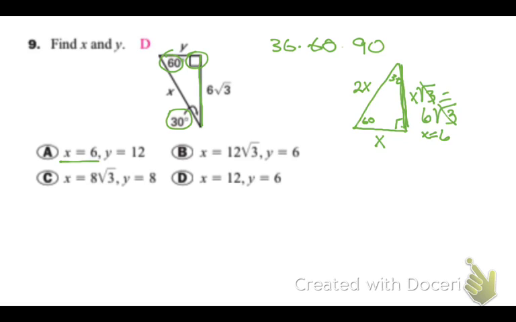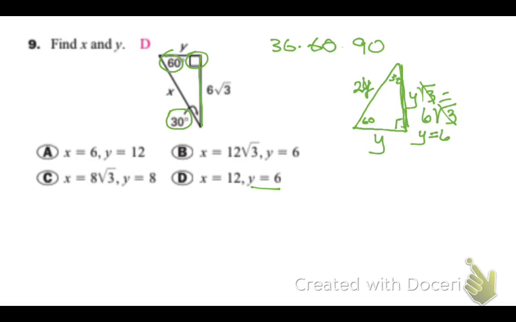So right there, let's look at A. Oops, sorry. They used y, those sneaky devils. So this is 2y, and y is equal to 6, which we have right there. This is not going to be right.